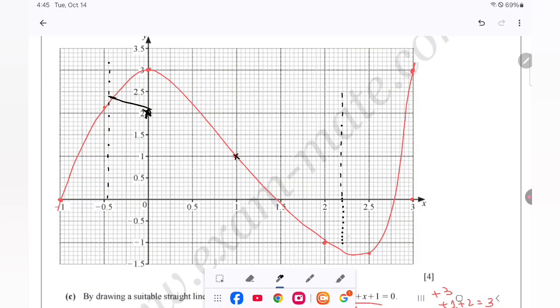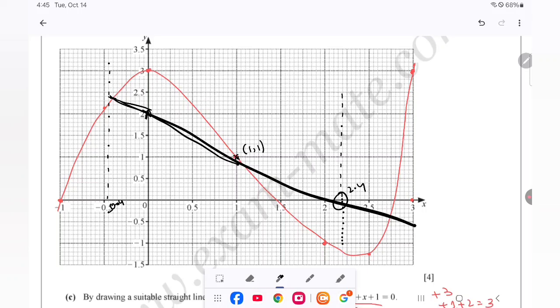we have to make a straight line from here to here, consider this is our straight line. The points we will get, first is x is equal to -0.4. This is our 1 comma 1, and this is our 2.4.